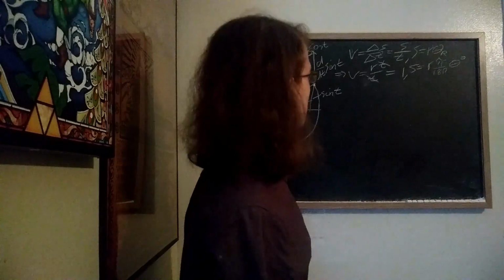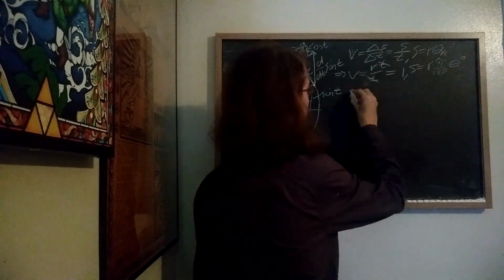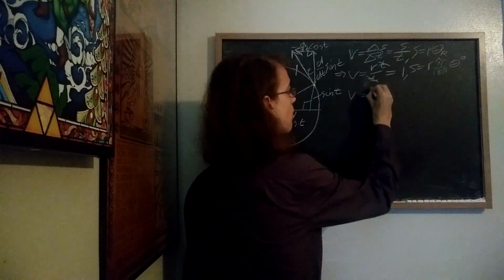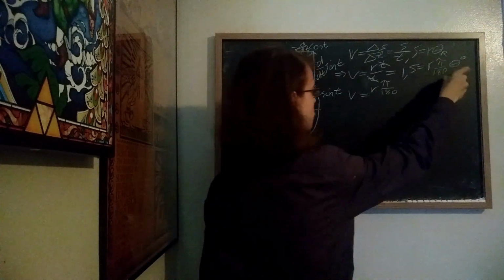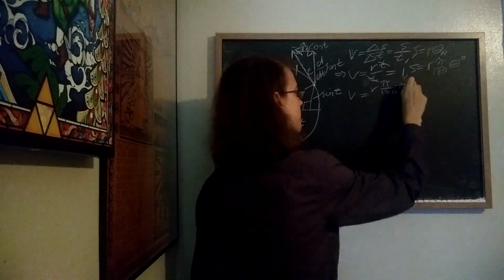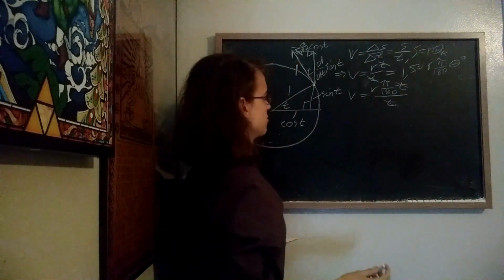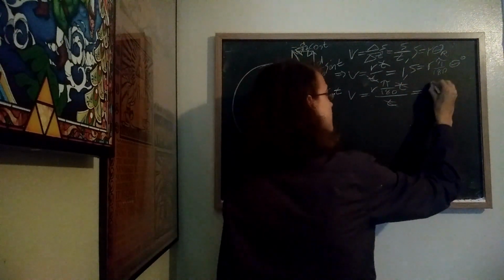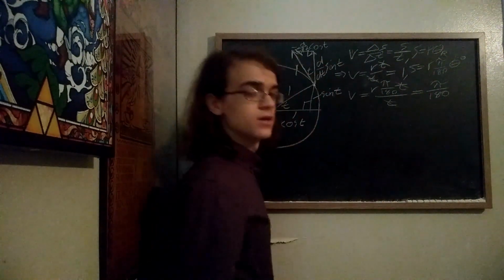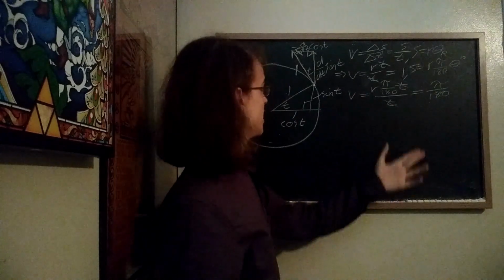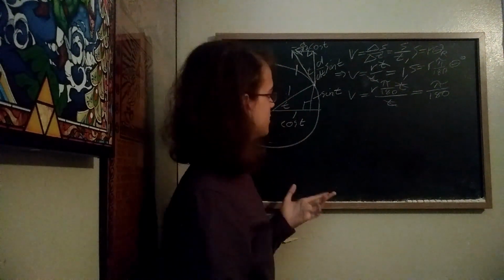And so we can substitute this now into our velocity, and we get r pi over 180, and now our theta in degrees is our new time over time, and the t's still cancel out, and our radius is still 1, and so we're left instead with pi over 180. And so this pi over 180 is our new tangential speed if we use degrees instead of radians.